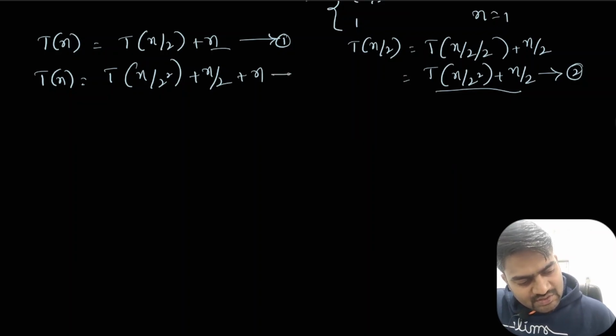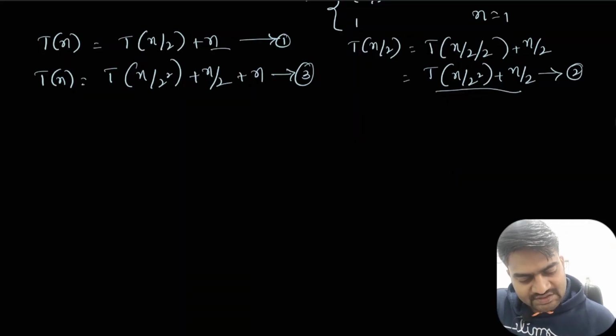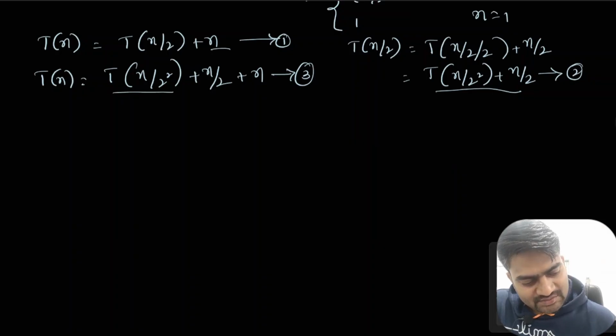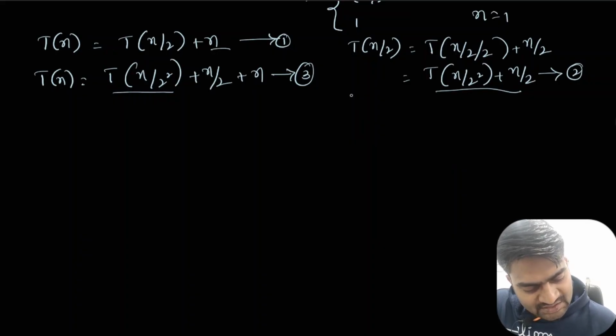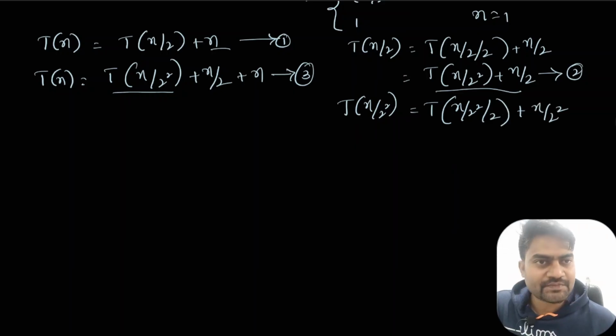Let me call this my third equation. I can solve this if I know T of n by 2 square. So let's substitute n by 2 square in the first equation to get this value. That becomes T of n by 2 square divided by 2 plus n by 2 square. Correct?